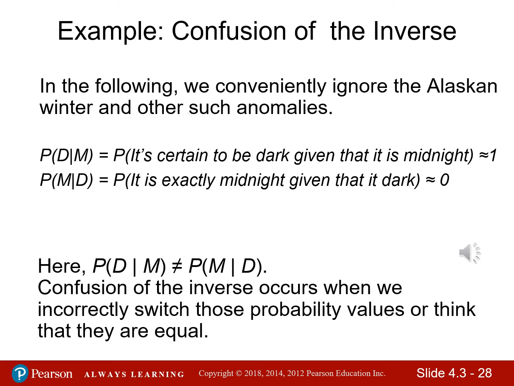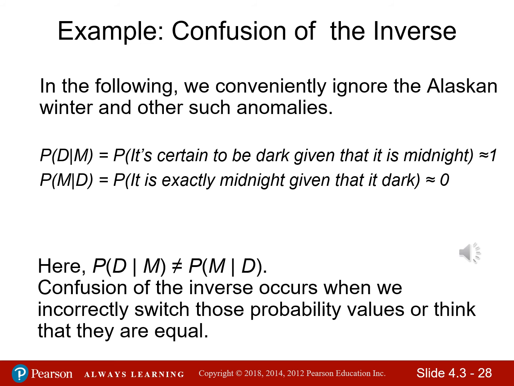This is approximately equal to 1. The second probability is the probability of M given D, which is the probability it is exactly midnight given that it is dark outside. This is approximately 0. So you can see that the probability of D given M does not equal the probability of M given D.